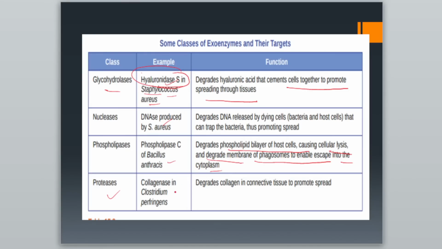It is collagenase in Clostridium perfringens. You could be asked which microorganism collagenase is found in, so just remember it is found in Clostridium. Its function is to degrade collagen in connective tissue to promote spread. Clear? These were some classes of exoenzymes and their targets.